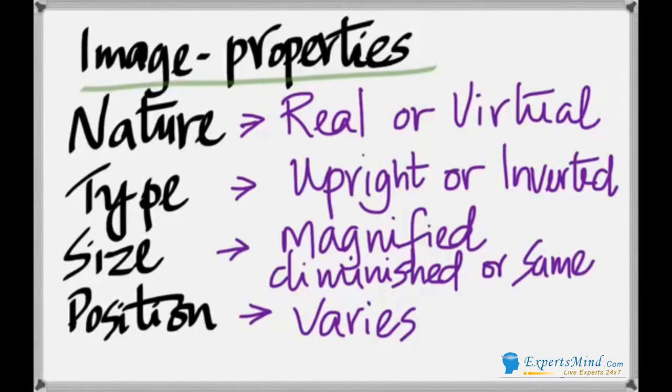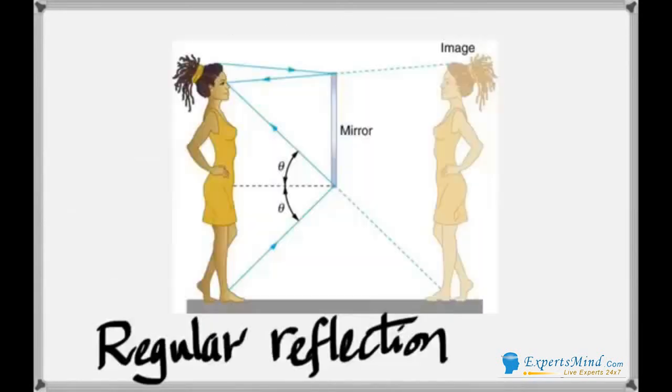Let's go back to this image and look at all those. First of all, is this real or virtual? It's a virtual image. The second reason why it's a virtual image is because you see the reflected rays. Take a look again. One reflected ray is this one, coming into your eyes. If it had kept on going, it would have gone that way. Which is the second one? This way, isn't it?